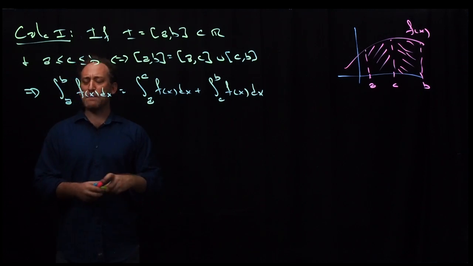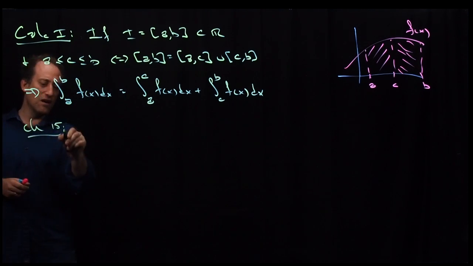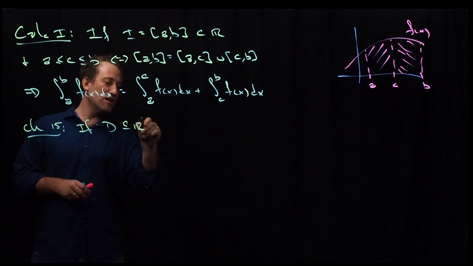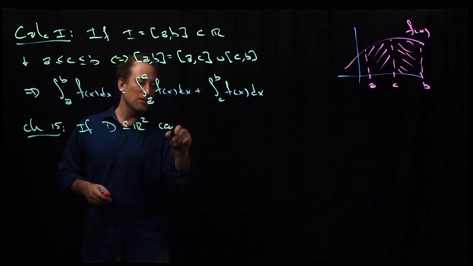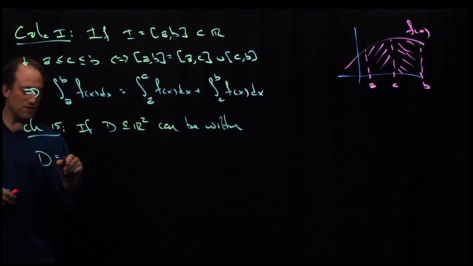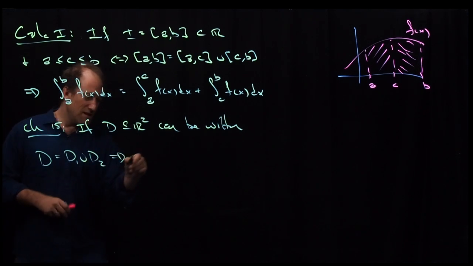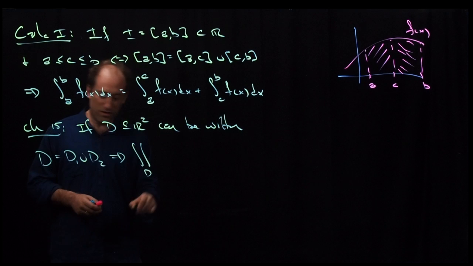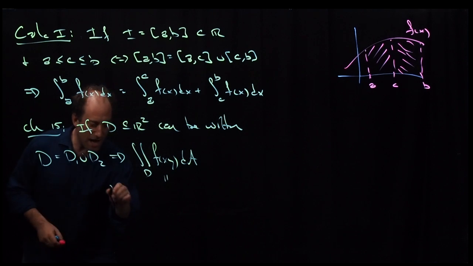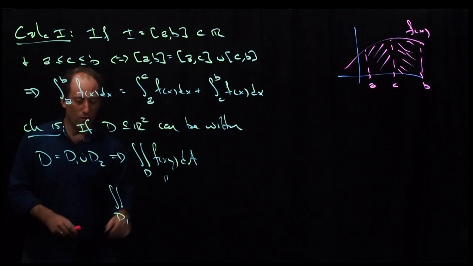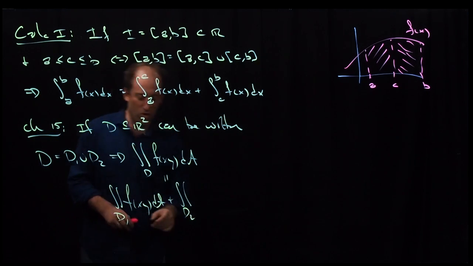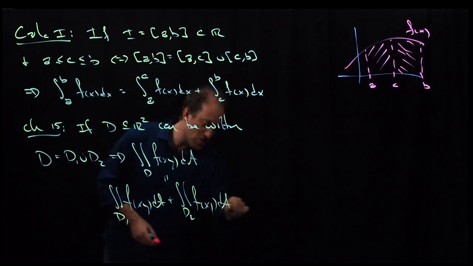Likewise, in chapter 15 of the book, we have that if some region D inside of R2 can be written as the union of two regions, say D1 and D2, then the double integral over the region D of a function of two variables with respect to A can be written as the double integral over D1 of f of xy dA plus the double integral over D2 of f of xy dA.